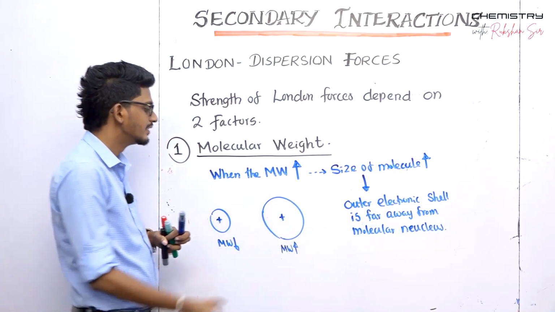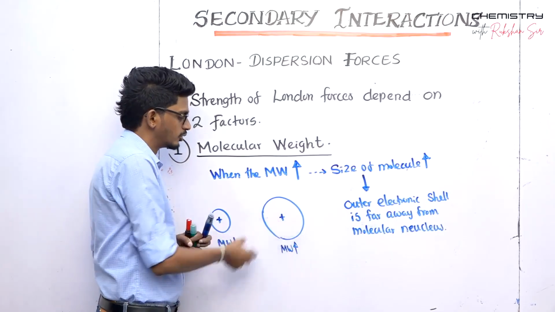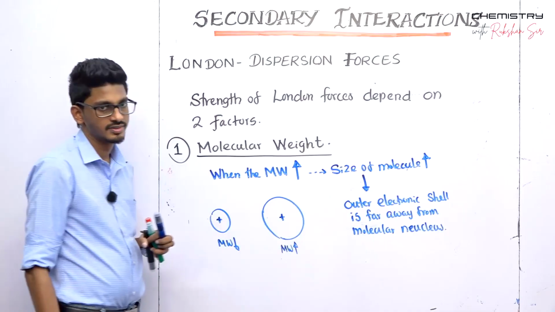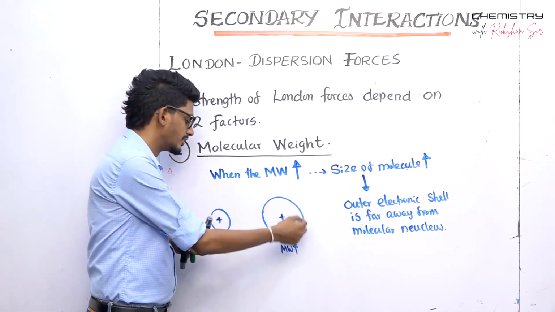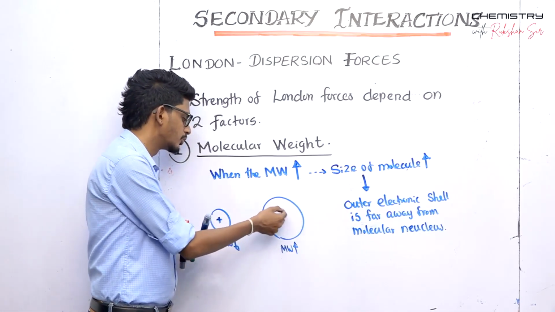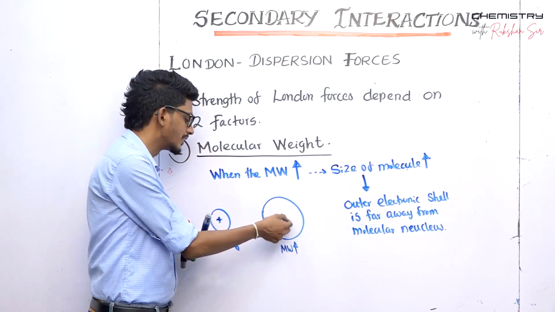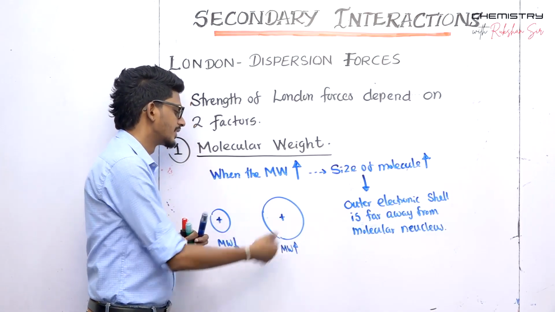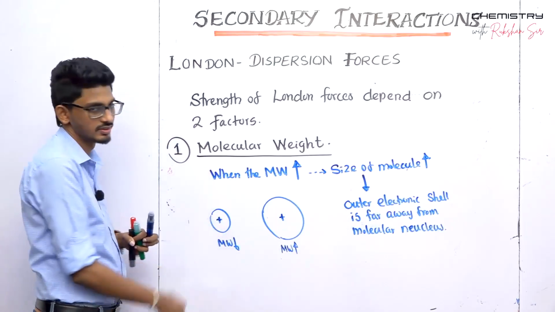So these electrons will tend to respond more to the outer charges. As these electron densities are not that tightly bound to the nucleus, they will respond to outer charges easily compared to this one.